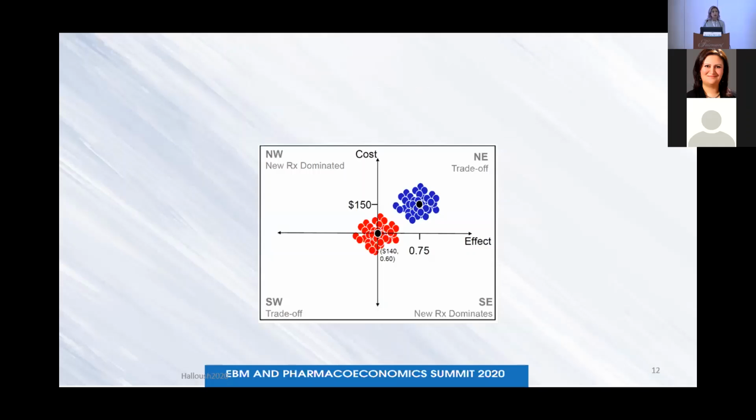In reality, this scenario is totally different because we are talking about deterministic values in point-based cases. But in reality, we don't have an exact cost for each medication. We have a range of costs and a range of effects. So each value will result in a different ICER value.